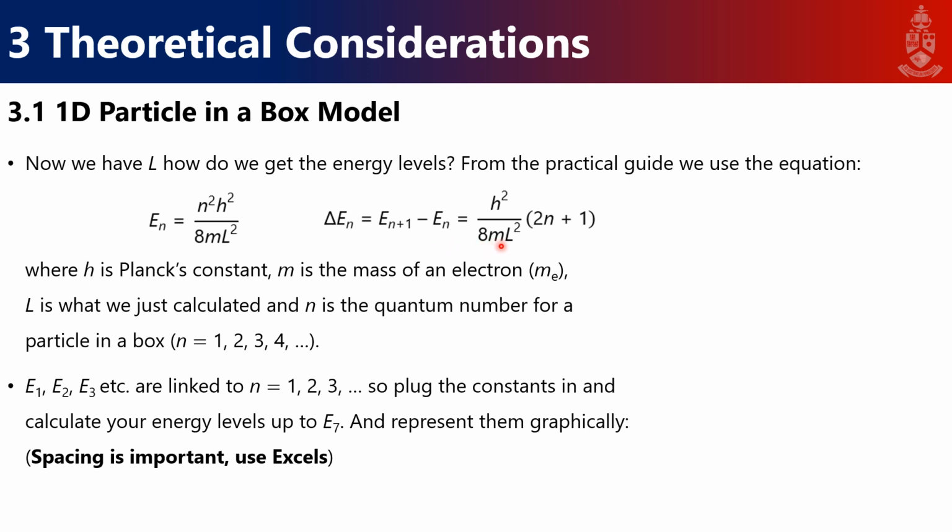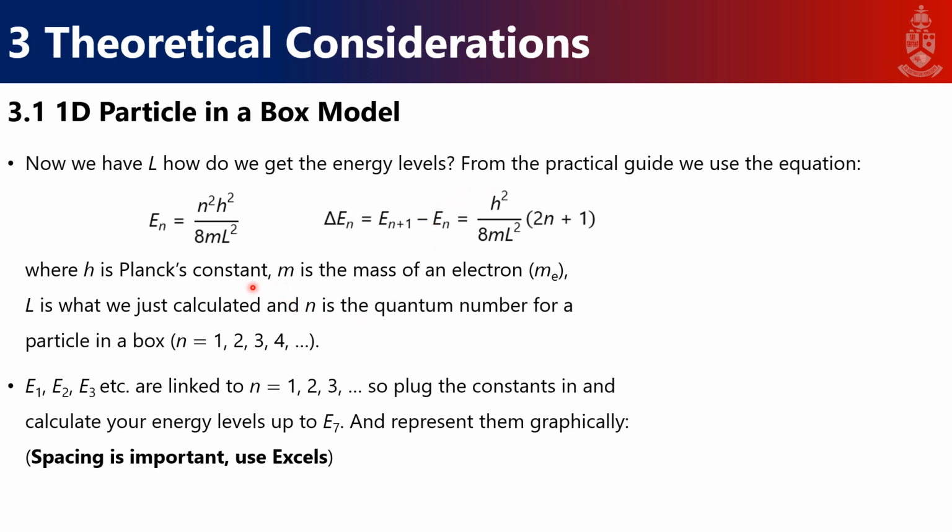In other words, how much energy is required to excite an electron from one energy level in the particle in a box to the next level, which is exactly what the UV-Vis data implies. You can then relate this energy value to a frequency or a wavelength value, which is ultimately what we want to get at.